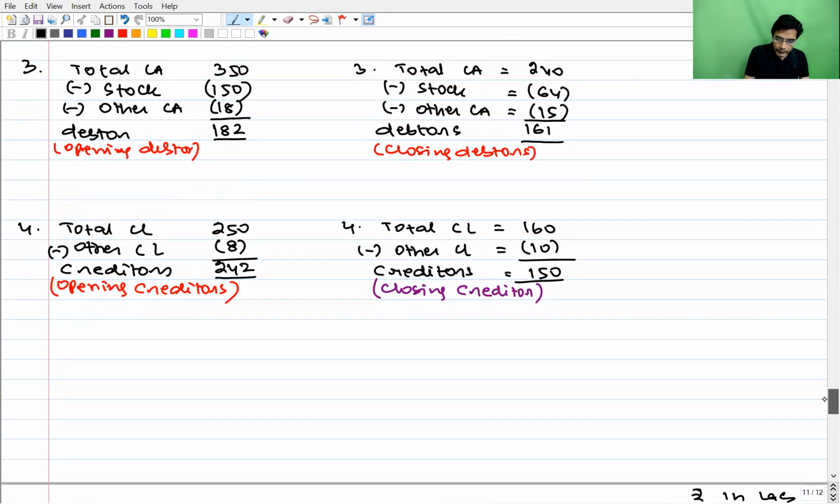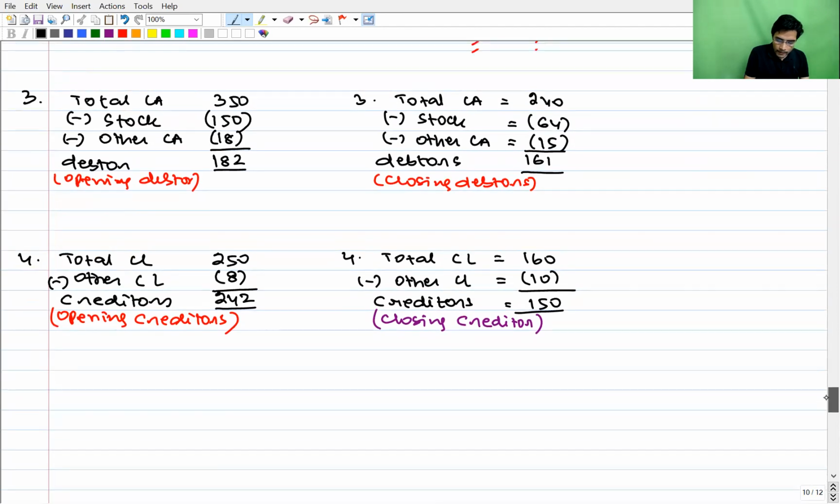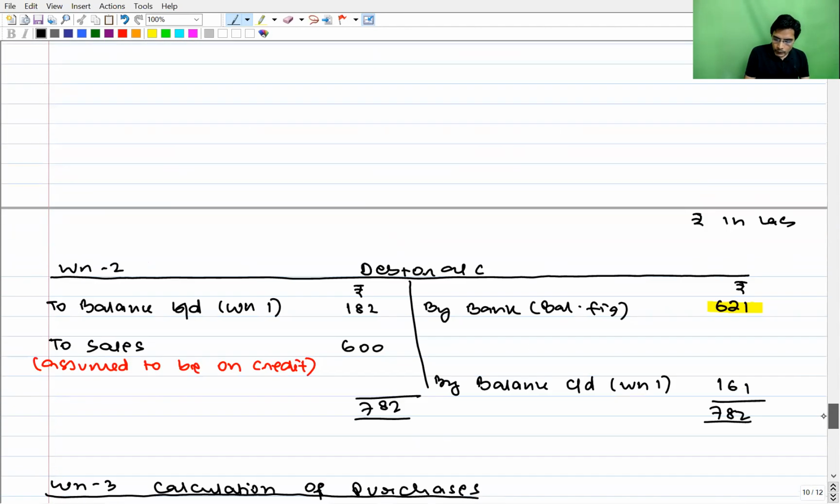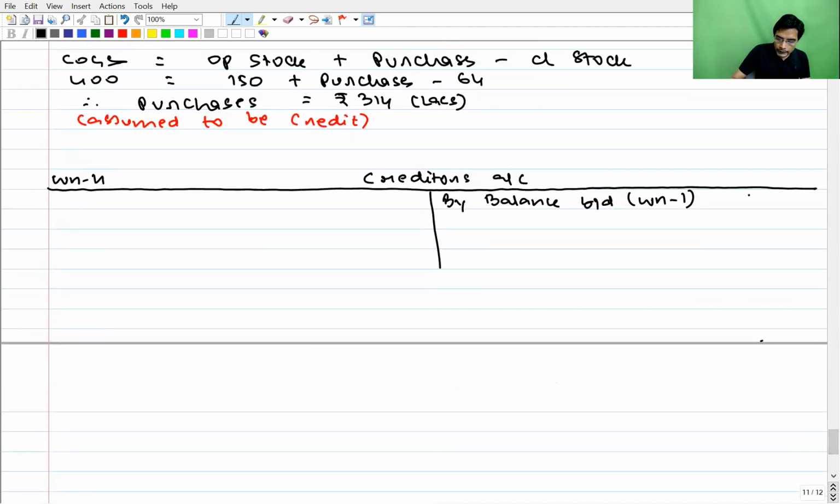And opening balance of creditor is 242 and closing balance 150.